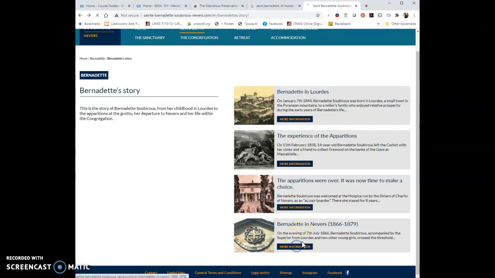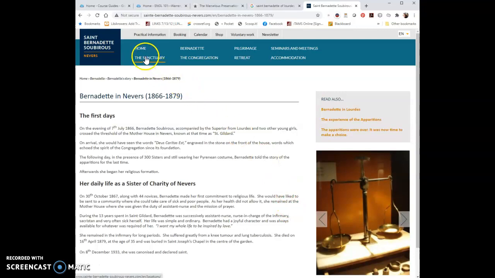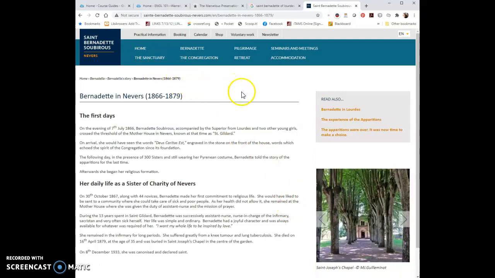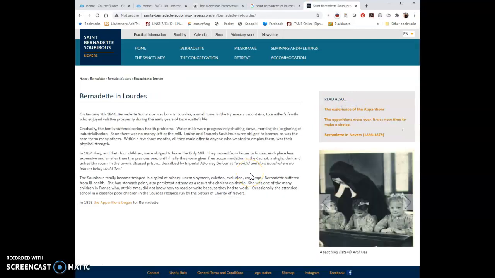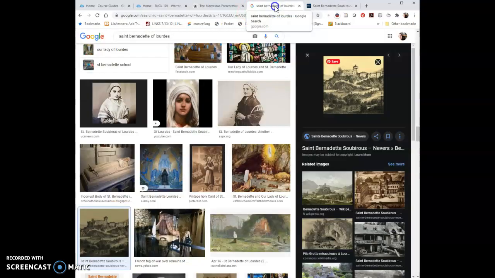You can look at Bernadette and Nevers, right? So you have some information about her that you can explore and see if there's anything else there that's potentially useful to you. So this being a church that's named after her potentially has information that you can use.